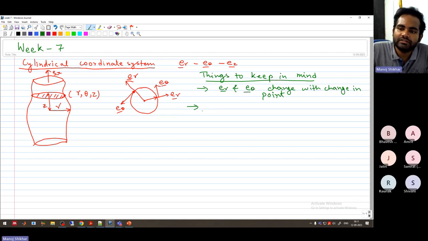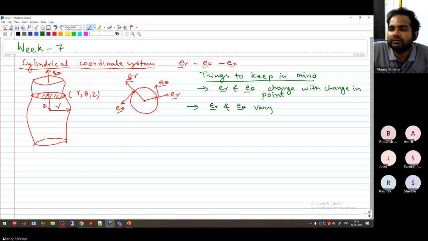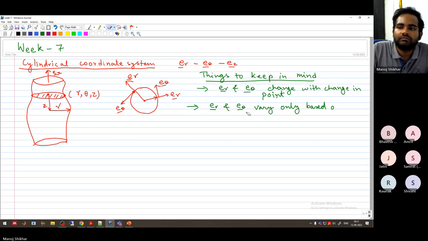If you do further analysis, you will realize that e_r and e_theta vary only with respect to theta.